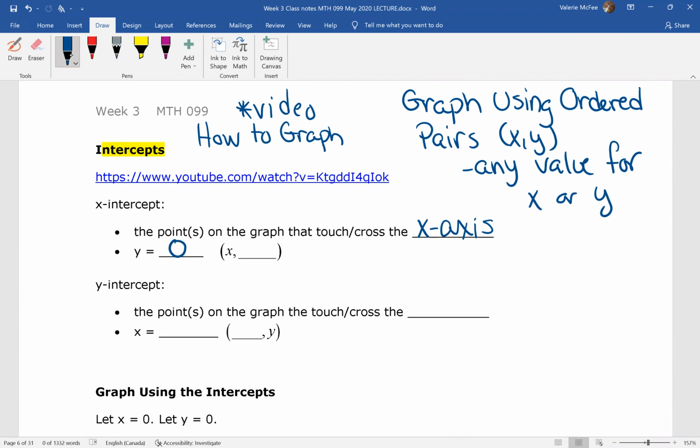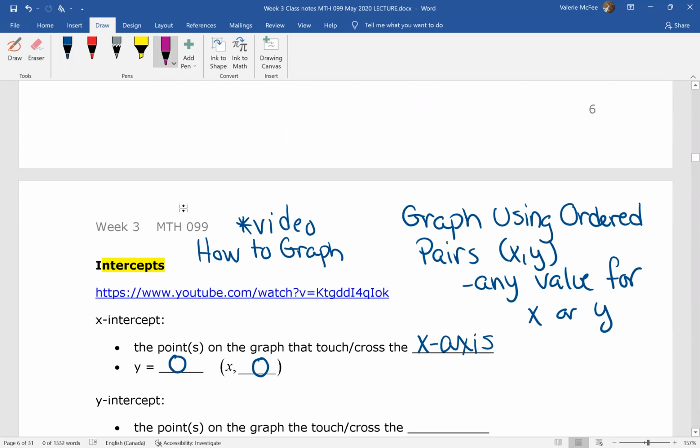Y is always equal to 0. So this is the point where x is some number and y is 0. X-intercept, y equals 0. Always. It doesn't matter what you're graphing. We could be doing a graph that has curves going up and down and sideways. But if we talk about the x-intercept, y equals 0.